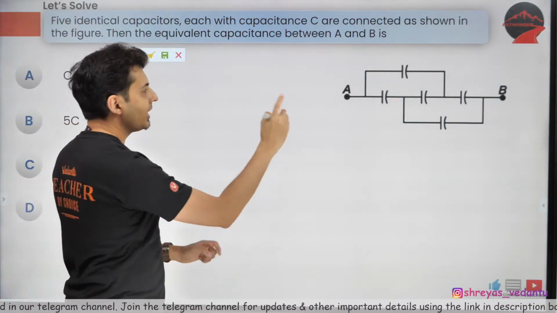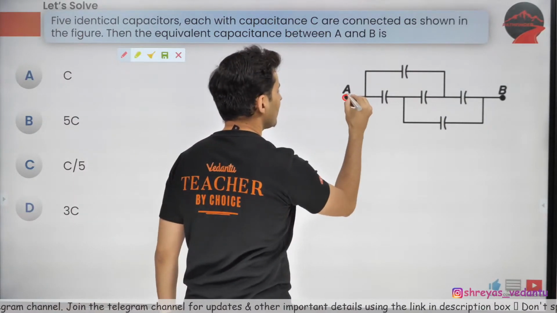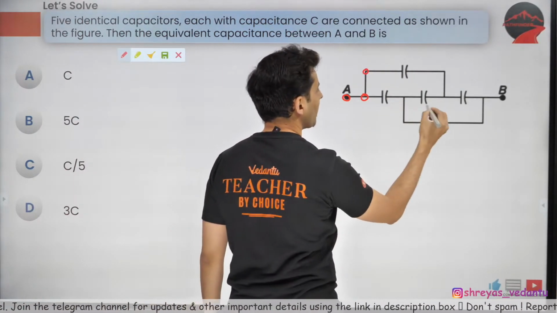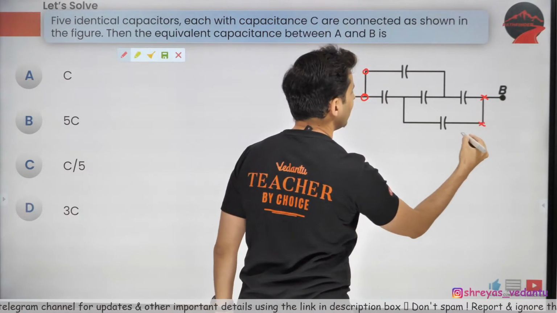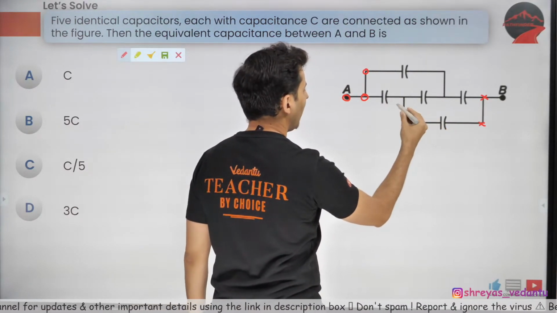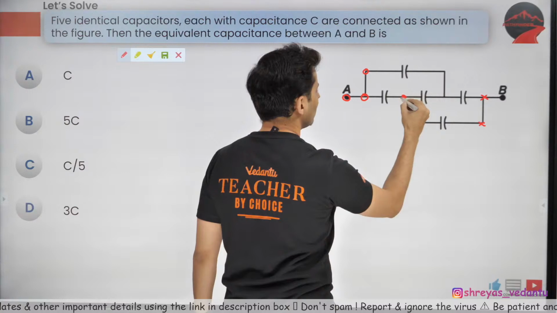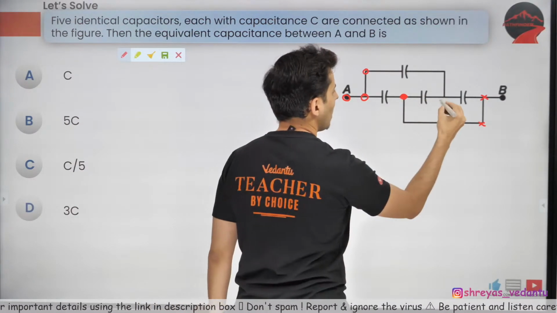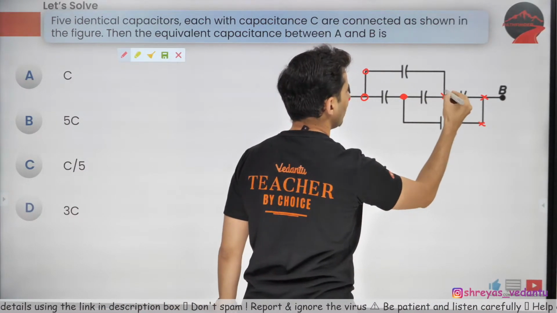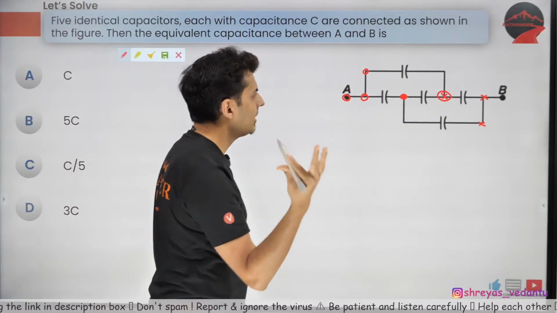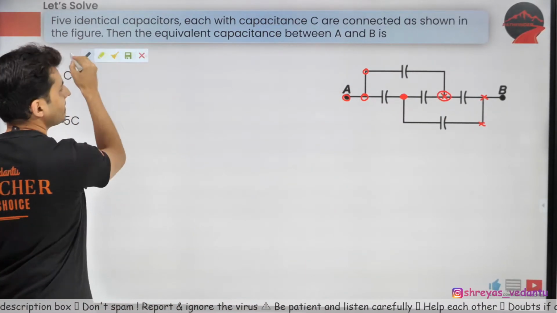Excellent. So if you mark the potentials, think this is A, this is A, this is A. This is B, this is B. Let's say this one is something else, and I can put some other symbol over here. Let's start redrawing the circuit.